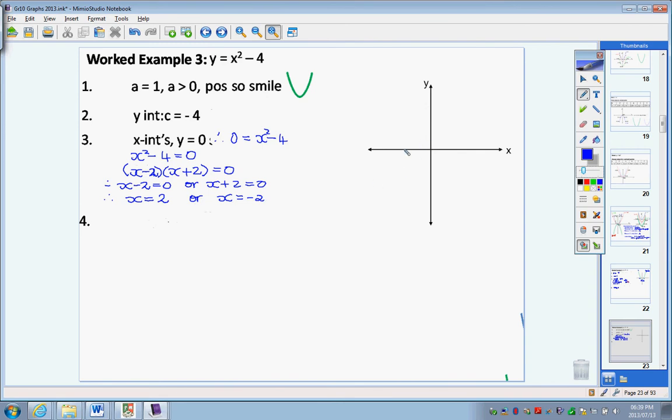And we can put these on the x-axis. So we're going to label everything now. We've got where it cuts the y-axis, we've got where it cuts the x-axis, we know it goes in this direction. And then next year you're always going to have to find the turning point. But in grade 10, because b, the x term that you might get, is always 0, you're always going to have your x and your y intercepts the same distance from 0.